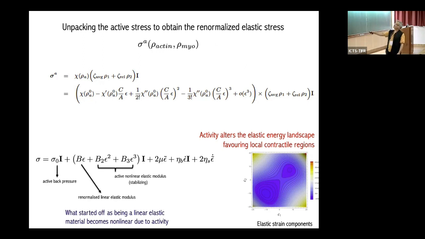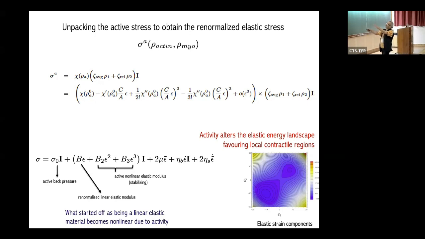I'm just going to expand this in delta rhos, and you get a whole bunch of terms multiplied by the dependence on myosin density. Note that we're just going to take the isotropic part of the stresses. This is a scalar theory.